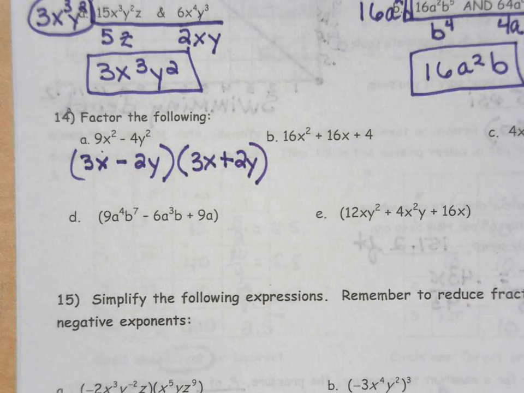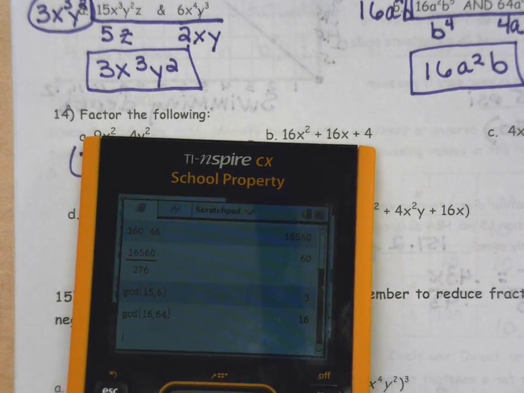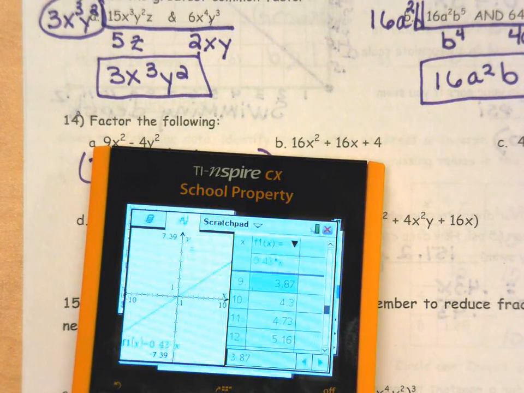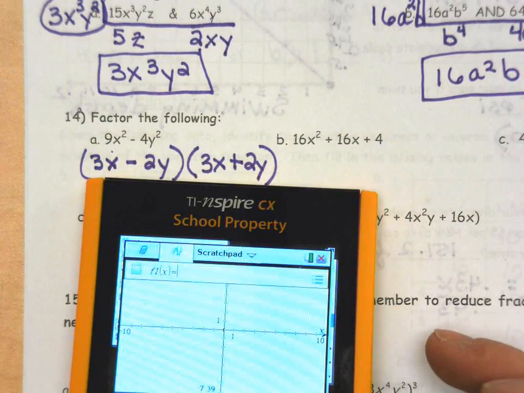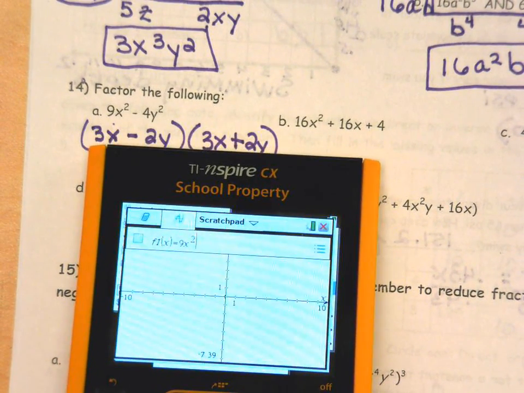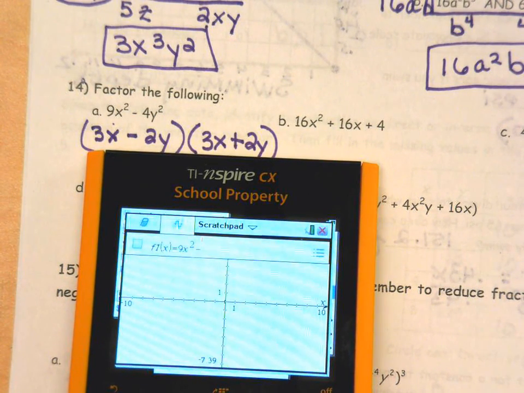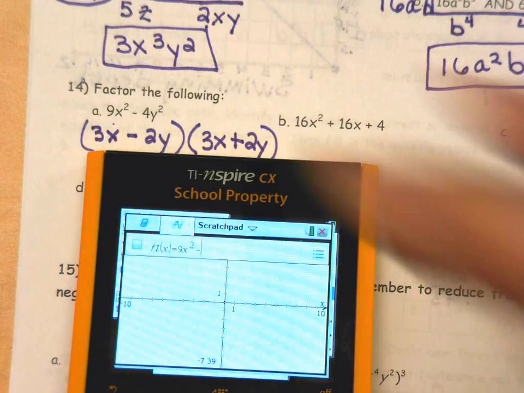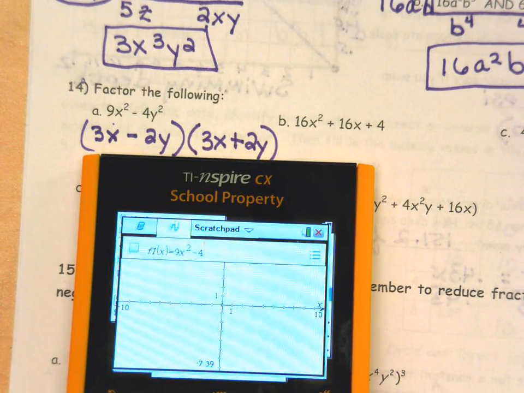And you could check that on your calculator too. Just a reminder, I'm not going to do this every time, but I'm going to go doc B. And then I go back to the graph here, and I'm going to put 9x squared minus, actually, because I can't do the y, so I'm going to put 4 and just ignore the y right now.